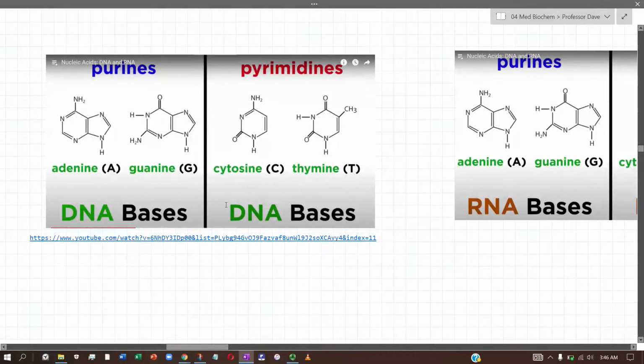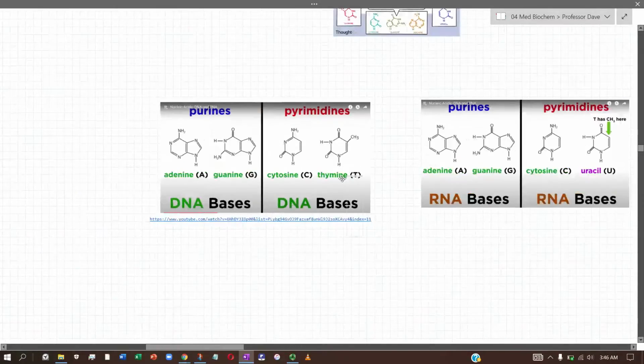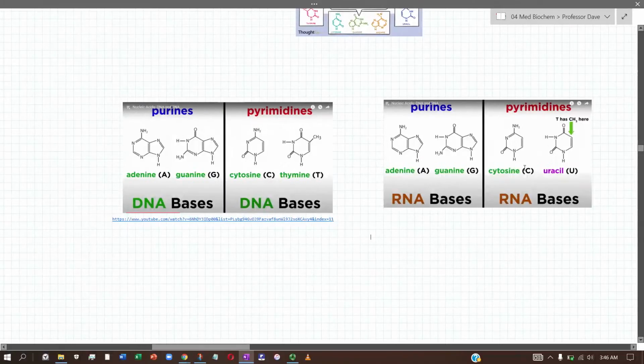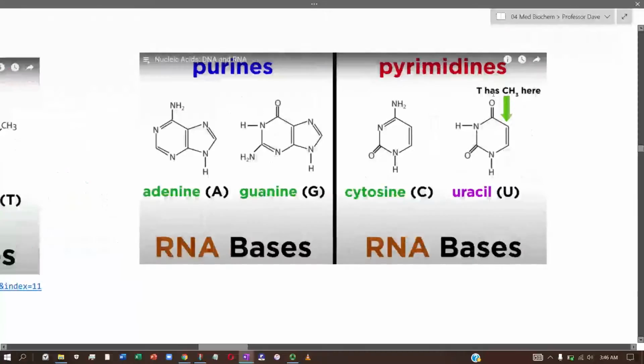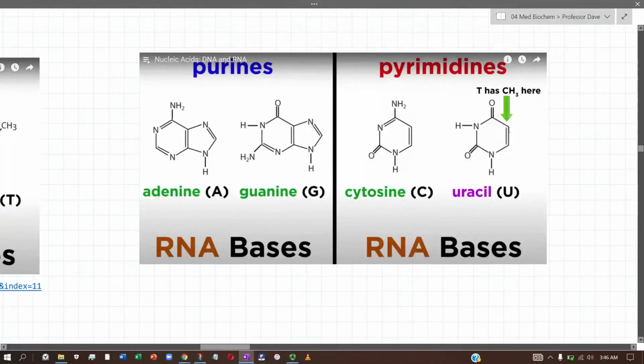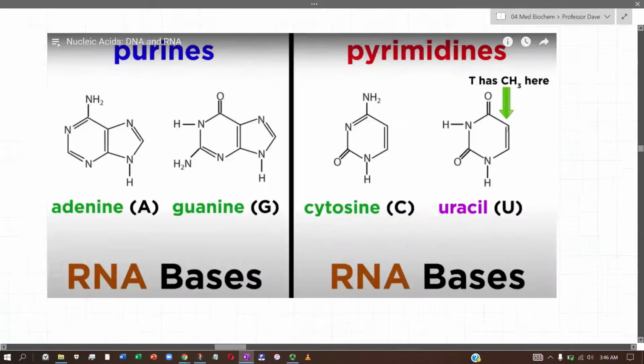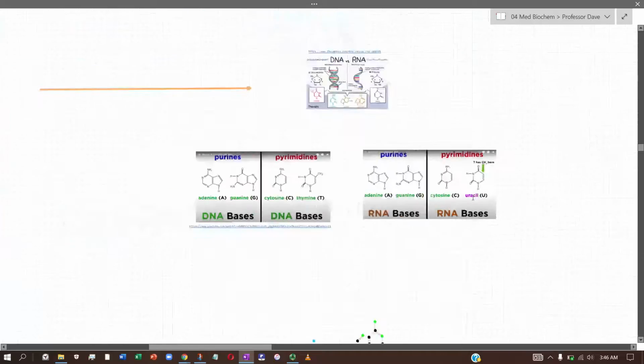These are the DNA bases. And just a thing to note is T versus U: T would have a, what's that called? Methyl group at this vertex, but U doesn't. So that makes it uracil, the letter U.